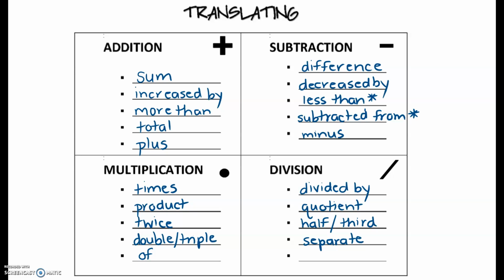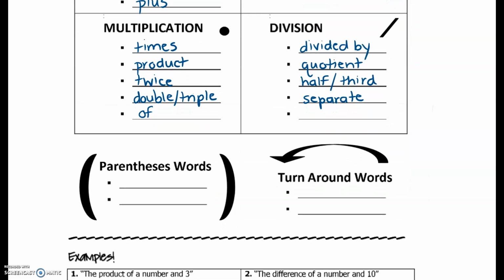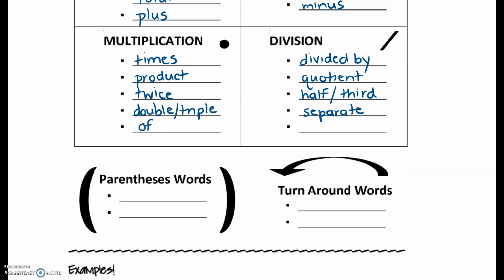Now, we have some special phrases here, and you'll notice that underneath our chart, we have some things known as parenthesis words and turnaround words. Our parenthesis words combine basically two operations. And the first thing is times.